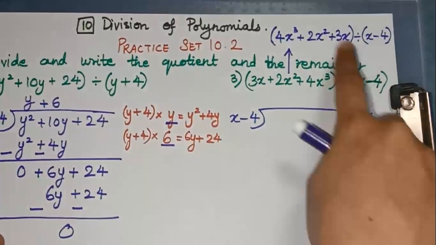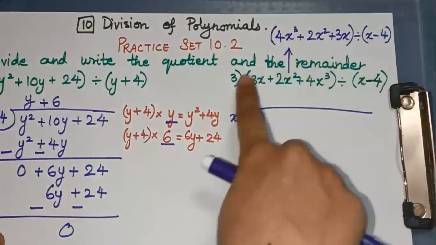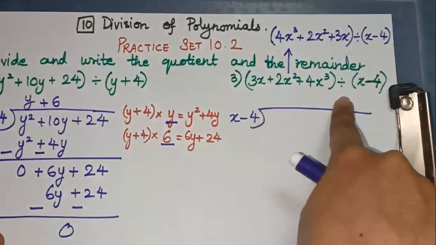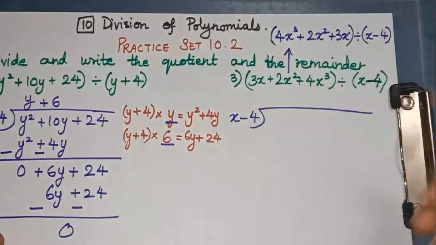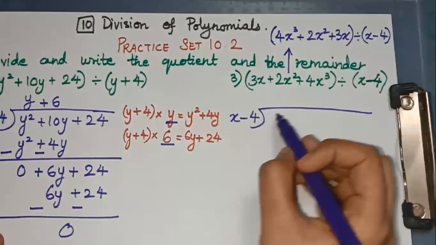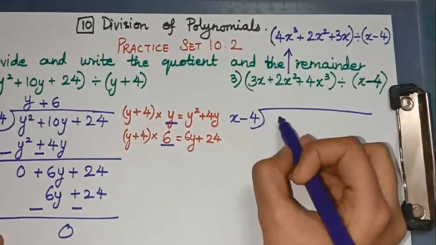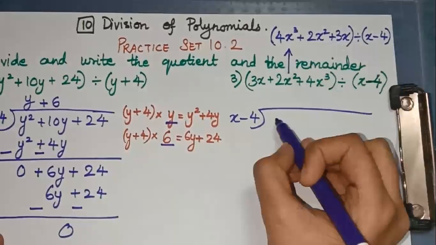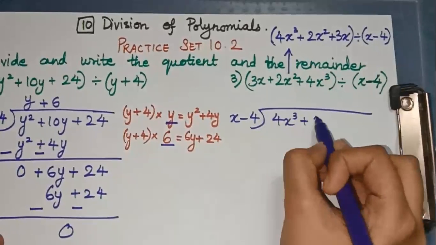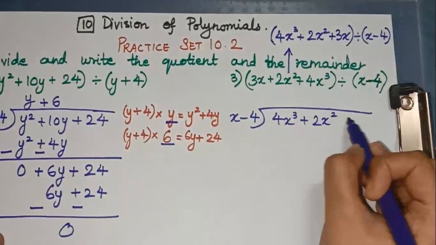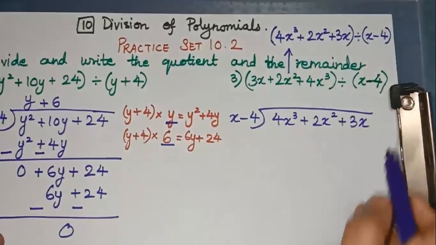You just have to show that you are changing the powers in their descending order, okay? So I have written x minus 4 as a divisor. Now our dividend is 4x cube plus 2x square plus 3x, okay?